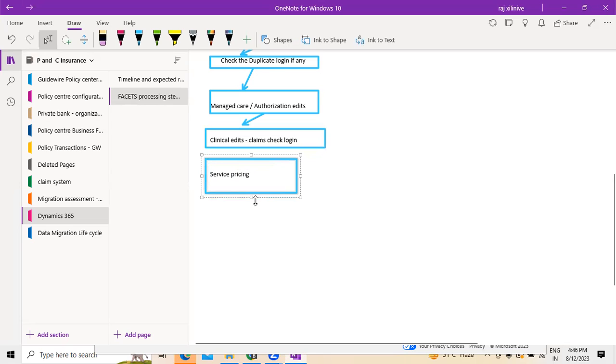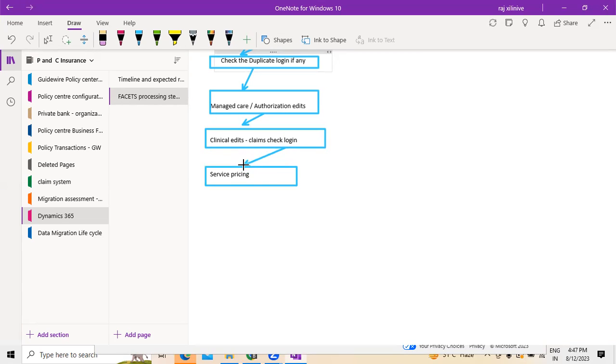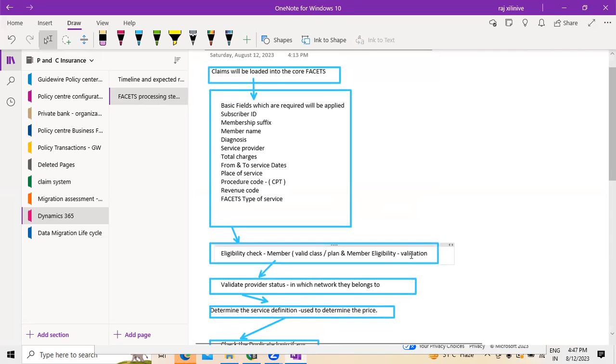That is the one thing which we have to be very clear about, and that is one thing which we have to know, right? So that is also required. So this is where generally we have service pricing. But we have already given the total charges at the very beginning, sorry to interrupt you.